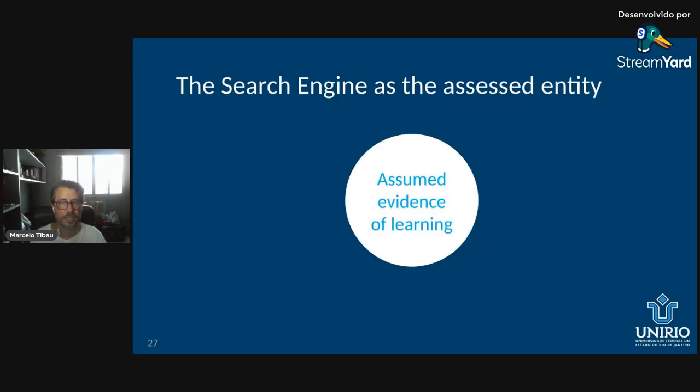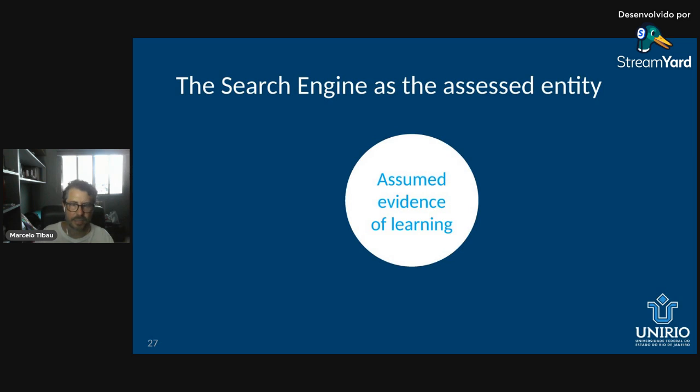When the search engine is the assessment entity, assumed evidence of learning is usually used. Assumed evidence is the use of user behavior metrics as evidence, like, for example, the use of complex terms during query formulation might indicate learning.